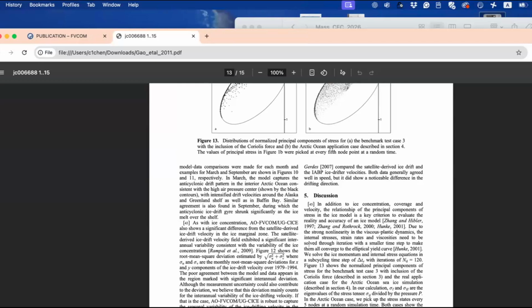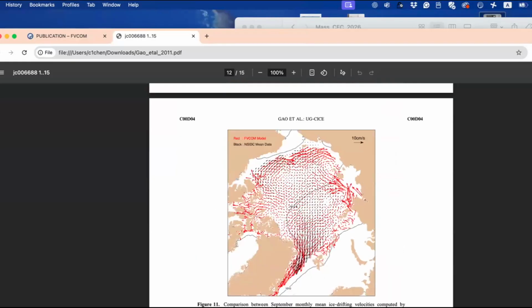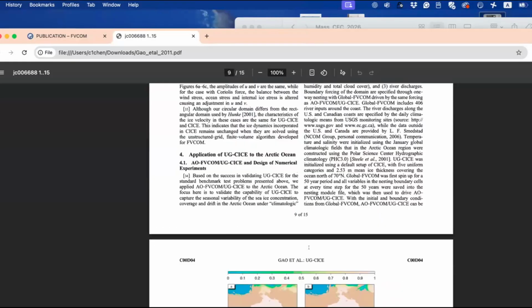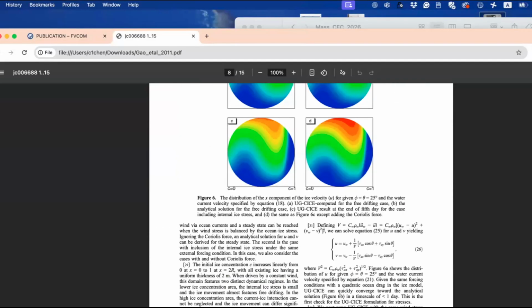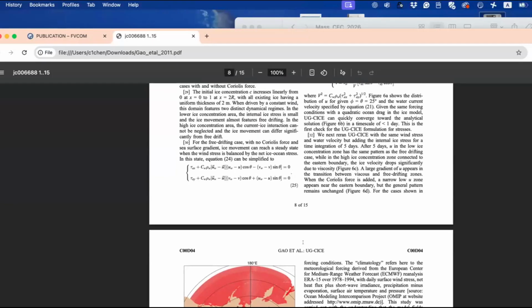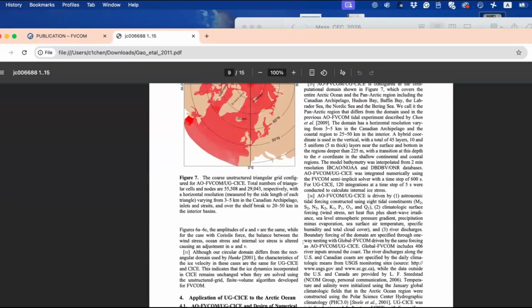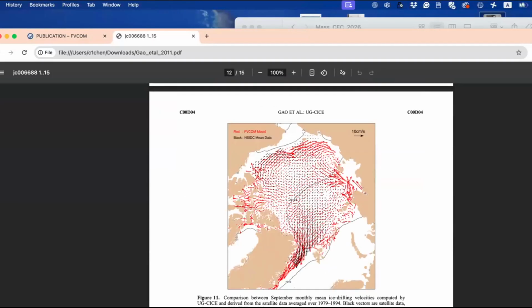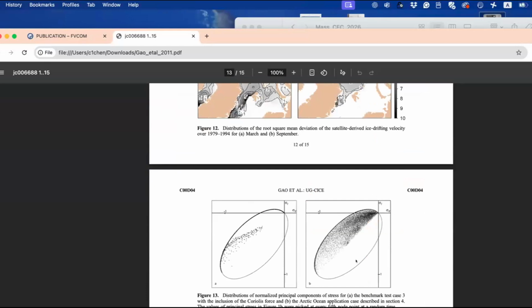This is a very critical issue, and the internal stress is also very critical for ice breaking and ice melting. You have to make sure it is stable. When you develop the code, you want to make sure every internal stress calculation is satisfied in the circle region.